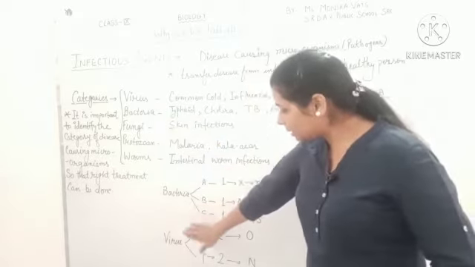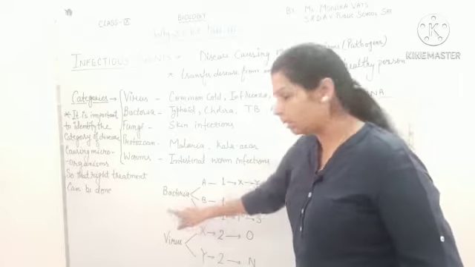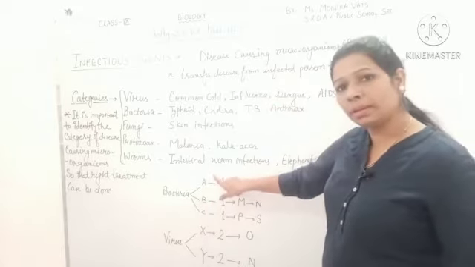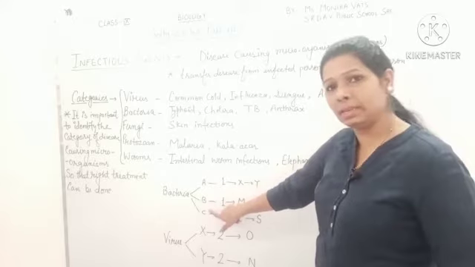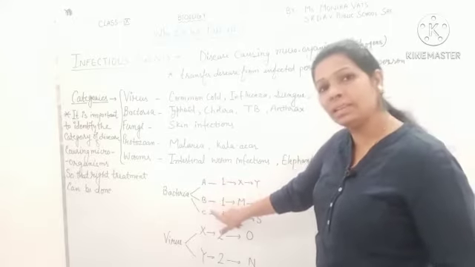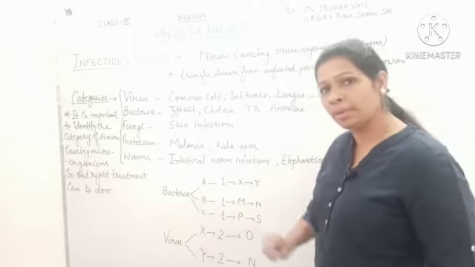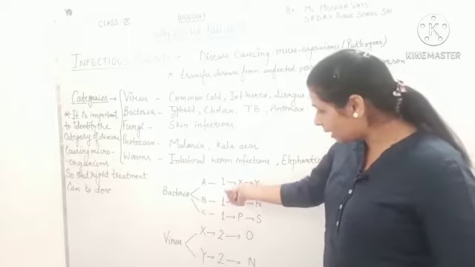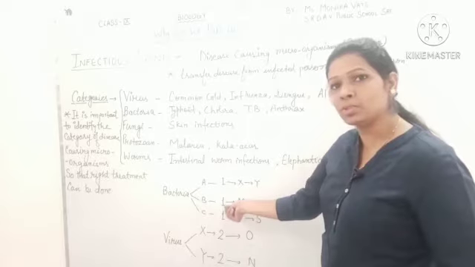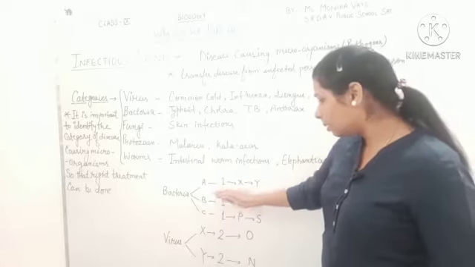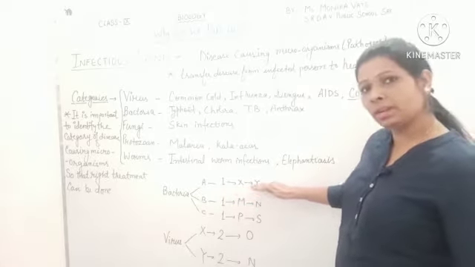I have taken an example here, like it is bacteria. There are three different kinds of bacteria, A, B and C. No doubt A, B and C are different bacteria, but because they all belong to the same bacterial family, they have a biochemical pathway which is common in all, but the rest of the biochemical pathways are distinct.